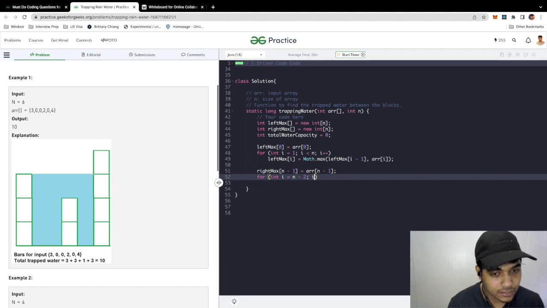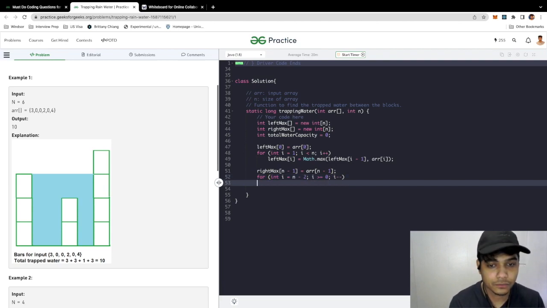And the condition is that it is greater than or equal to 0 and i minus minus. Similar to what we did with left max, we need to do the same thing for right max. The only difference is, for right max of i, what do we need to do here?